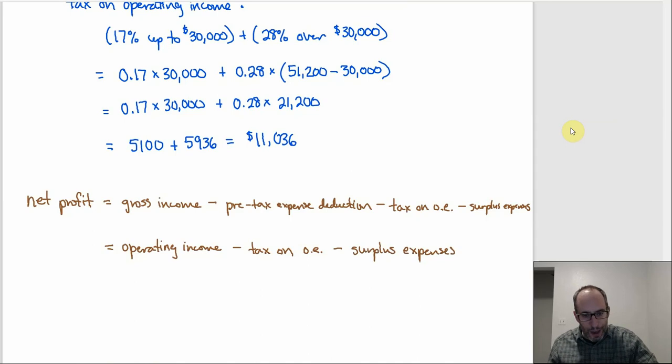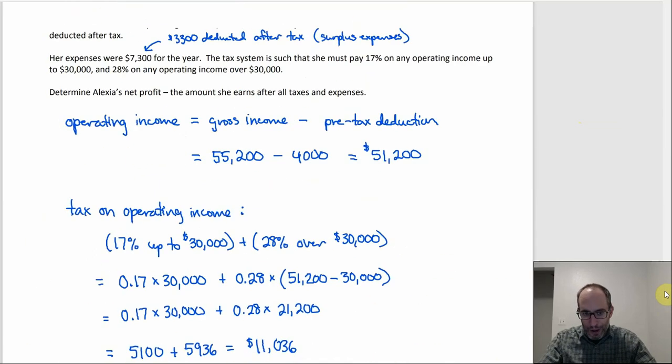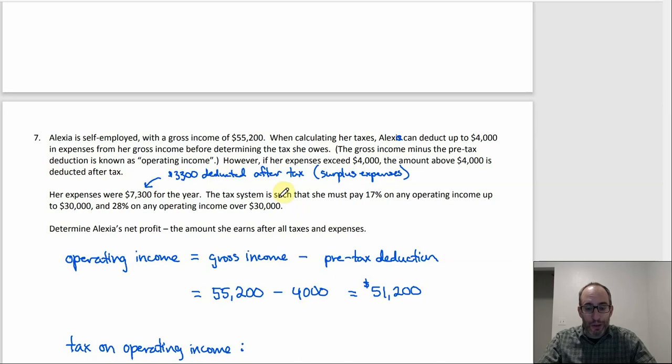All right, so the operating income is 51,200. Tax on the operating income we just figured out was 11,036. And the surplus expenses, if I scroll back up to where they are, 3,300, right?